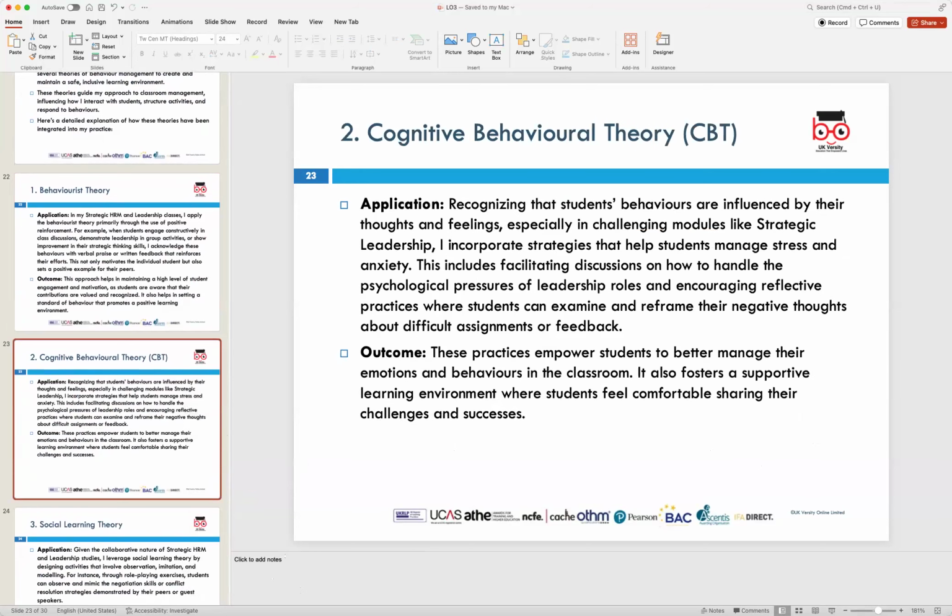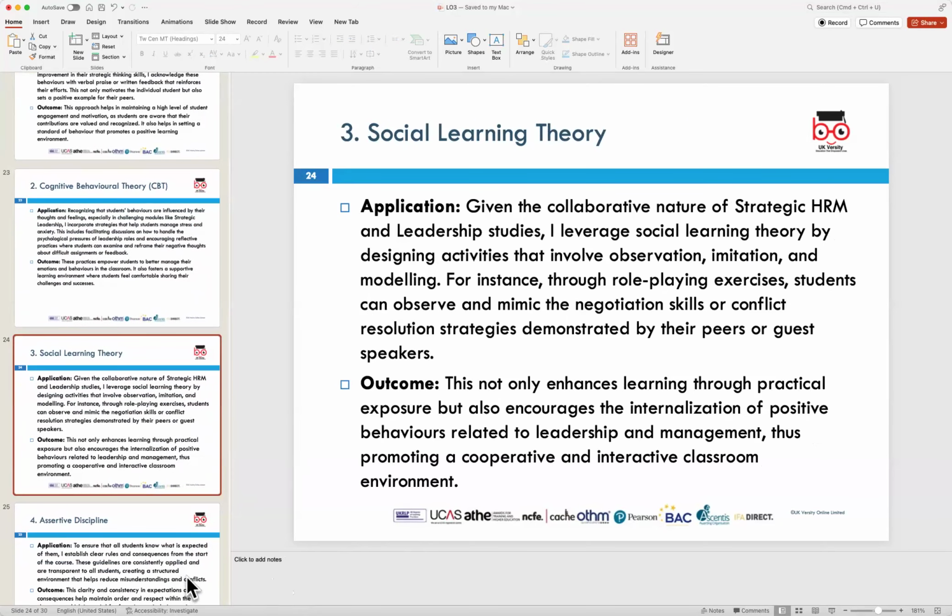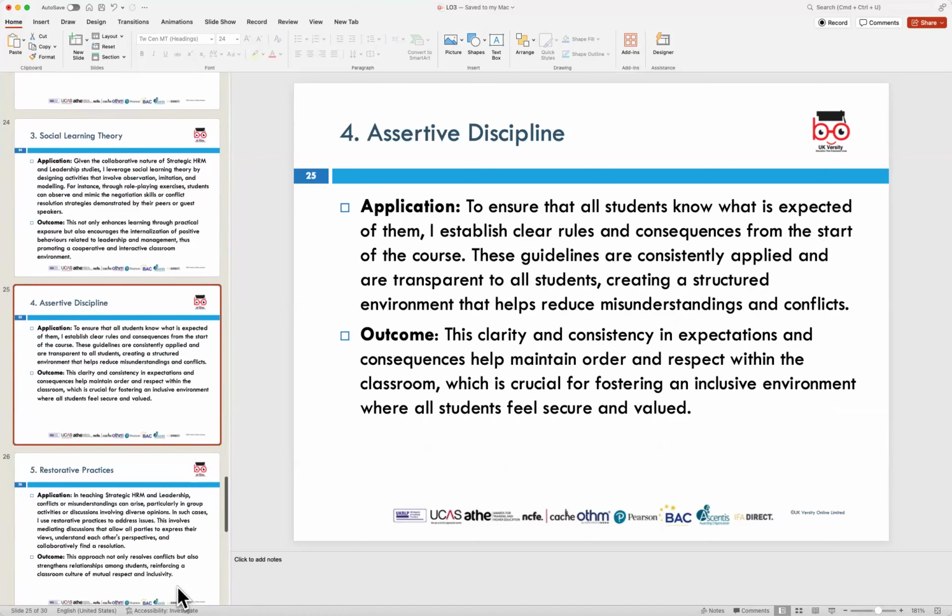The other one was the CBT, which I can relate to. And I've tried to give examples and relate to every theory, but you might not need to do so for all of them. What I would suggest is 2 or 3 theories that you generally use and can relate to are the ones that you would normally pick up, and obviously show how these are applicable in terms of your own practice.